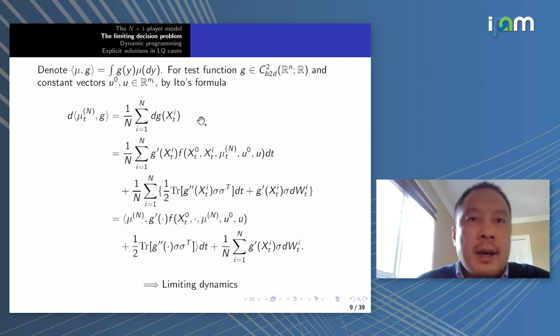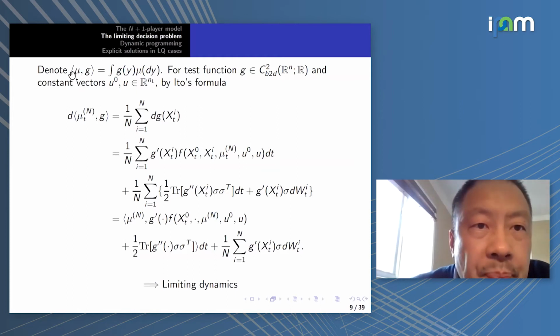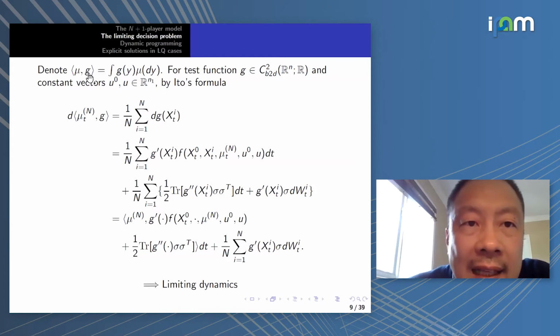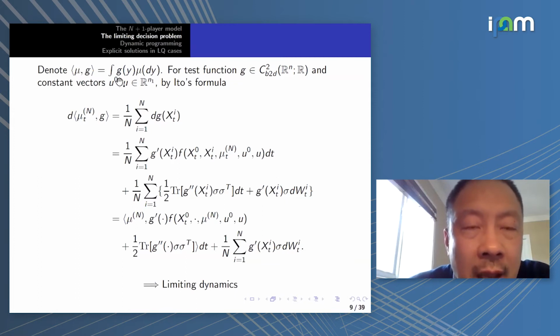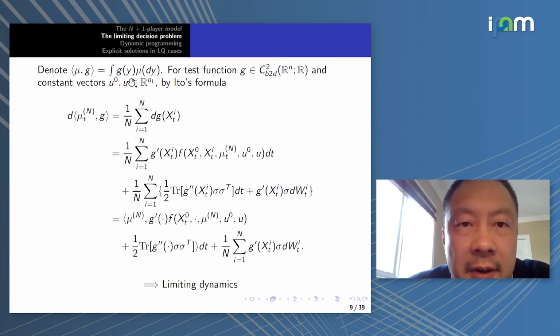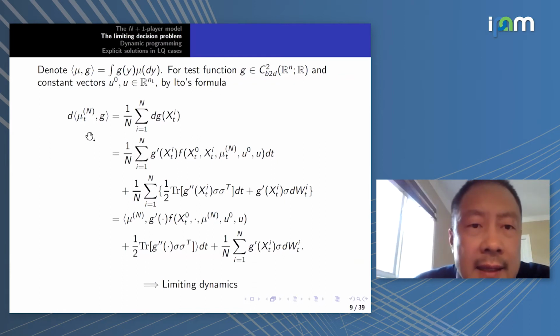First, given a probability distribution mu and a test function g, we denote the integral, and next for the empirical distribution in the actual model, we pair it with a test function. So in the end you get a number. This is actually a random variable.